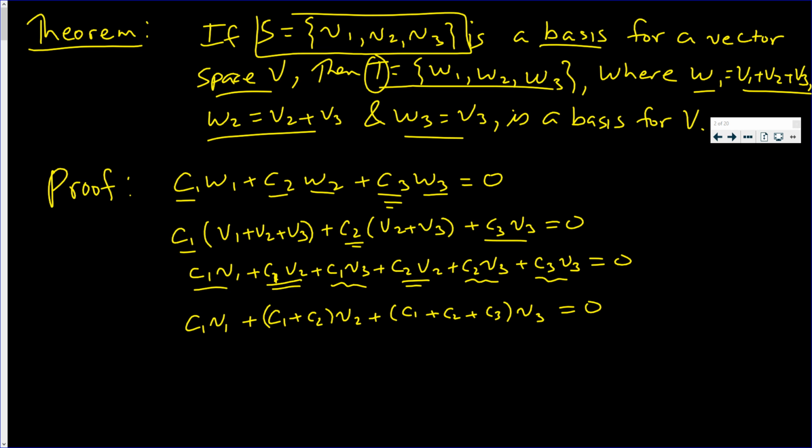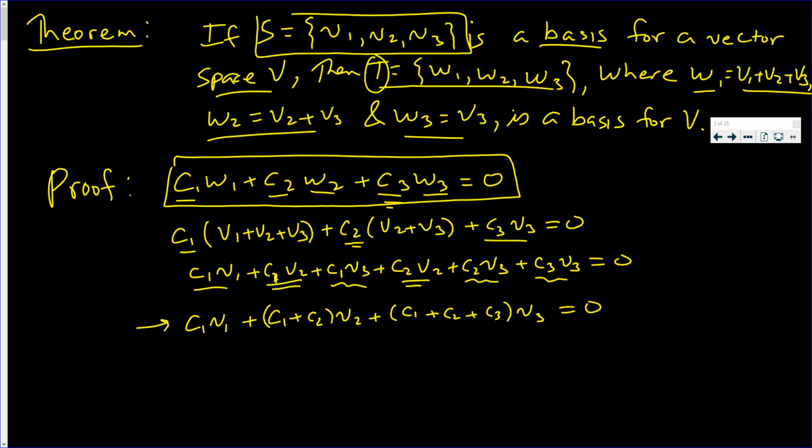But this linear combination, which is the same as this one just written differently, is a scalar times V1 plus a scalar times V2 plus a scalar times V3. Since, let's just say S.